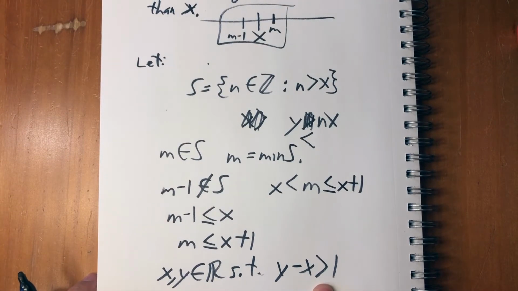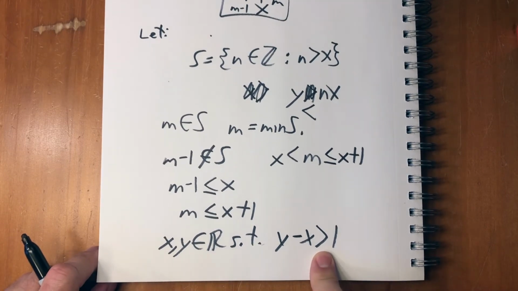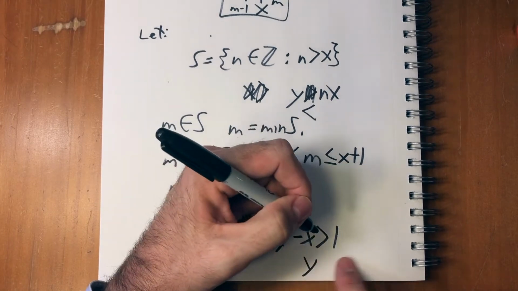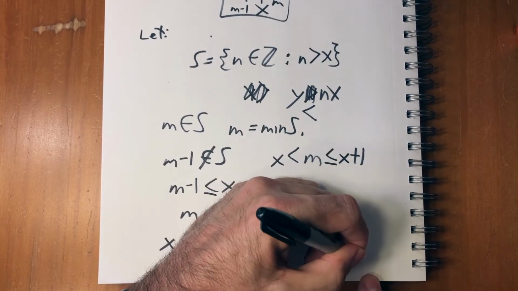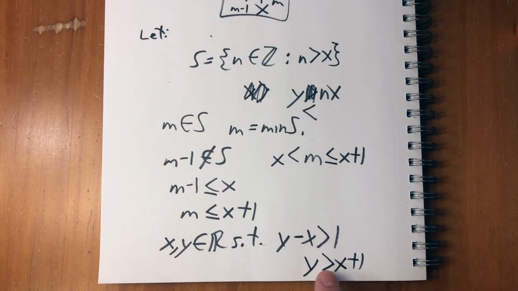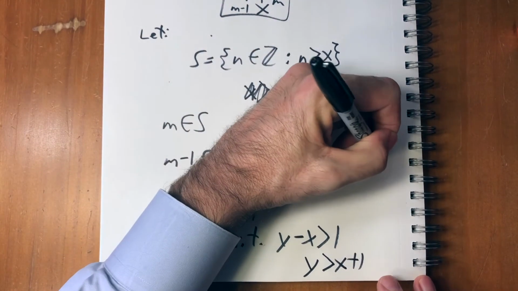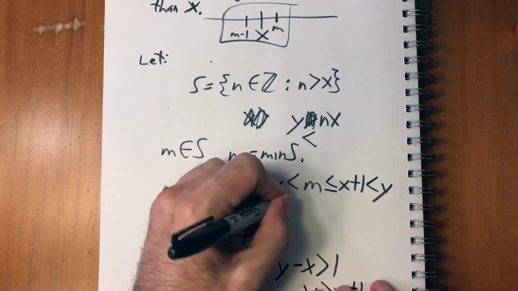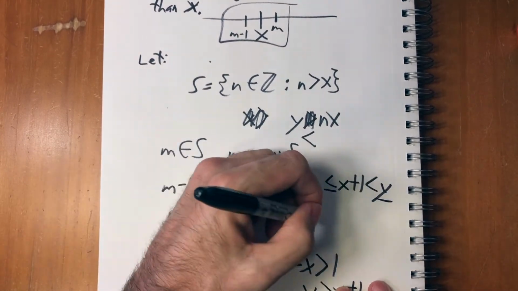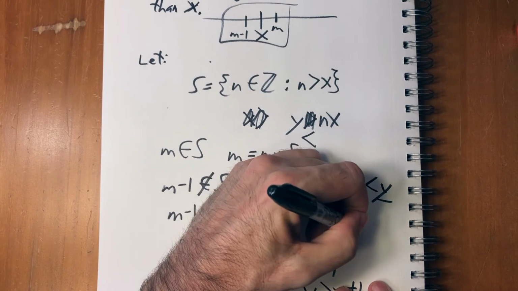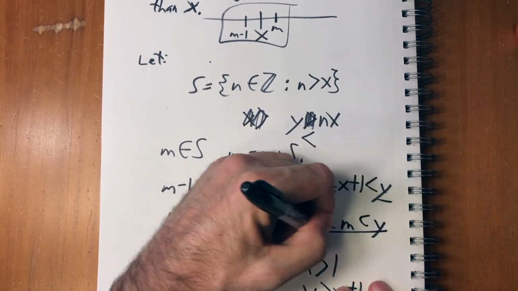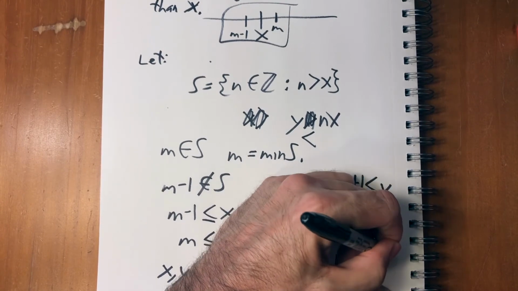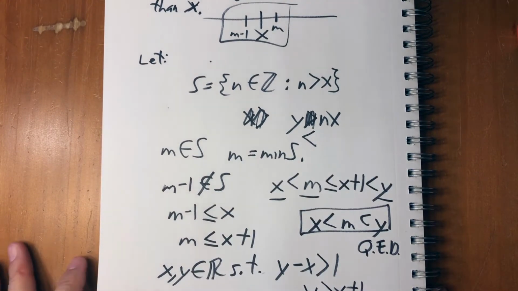And from the given, if we move the x over, we have that y is greater than x plus 1, or x plus 1 is less than y. So we just showed it. We have x is less than m is less than y. That's what we were trying to prove.